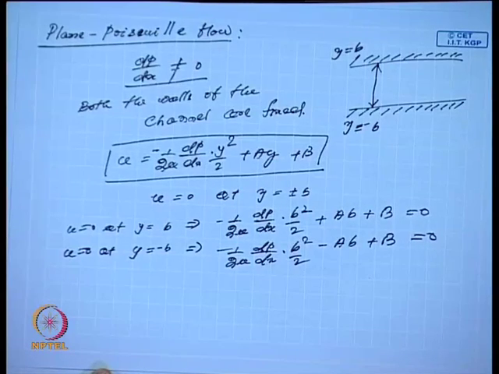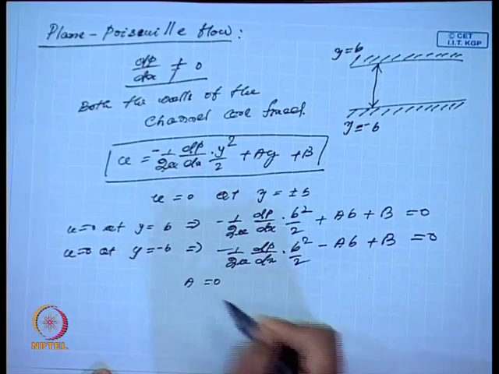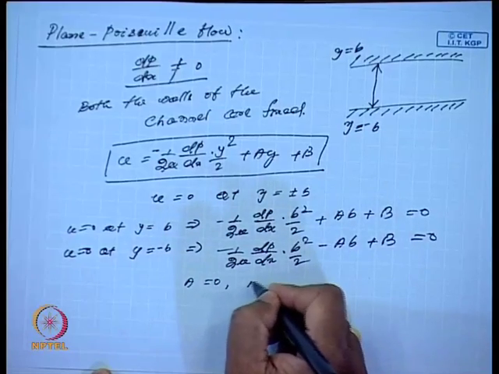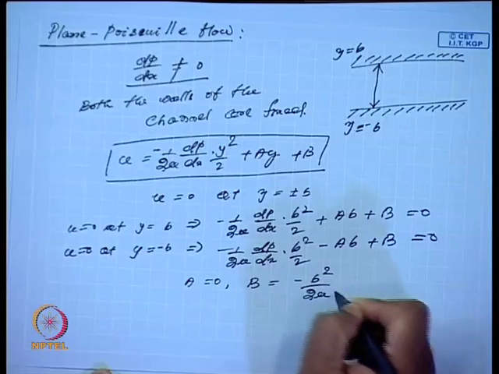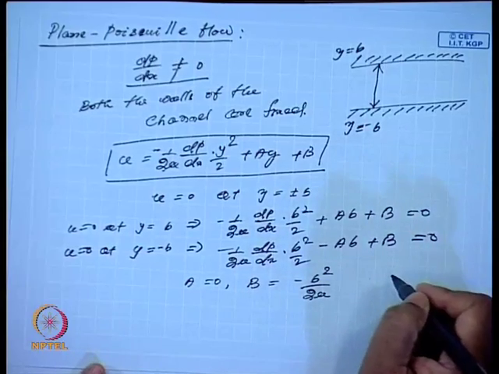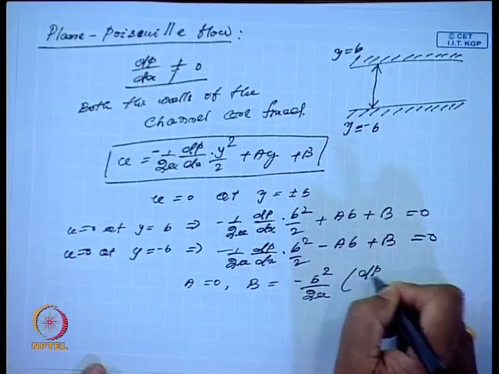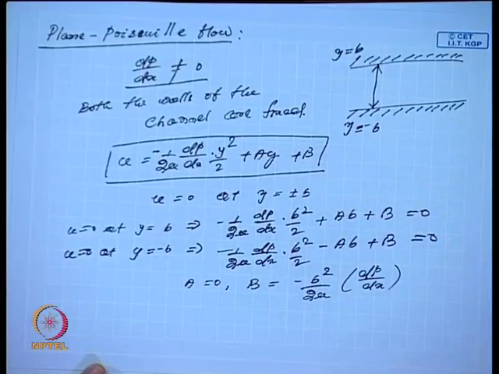If you simplify this, we get a as 0 and b as minus b square by 2 mu dp by dx.